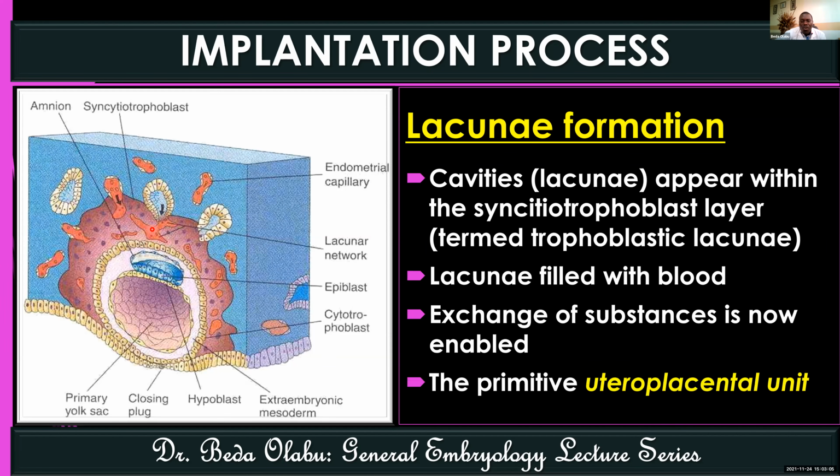This primitive form of exchange of substances before the placenta is established is otherwise known as the primitive uteroplacental unit. So we have establishment of the primitive uteroplacental unit at this point because of that communication, exchange of substances between the trophoblastic lacunae and the maternal sinusoids.